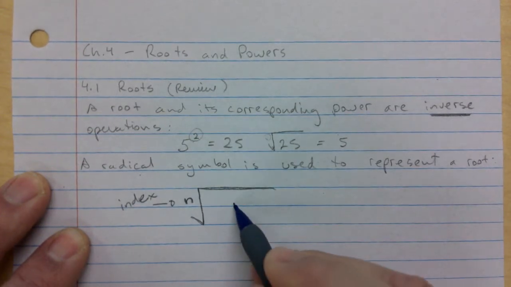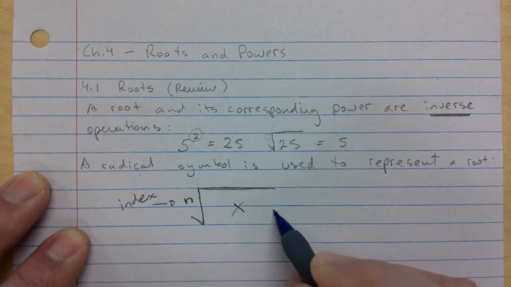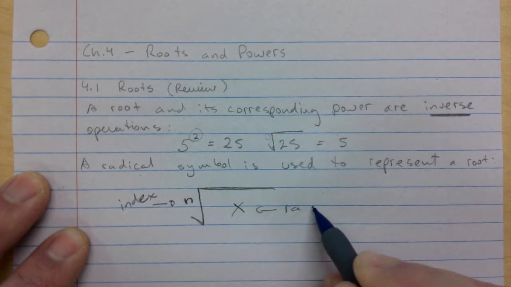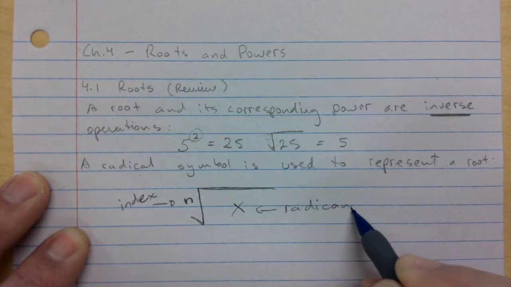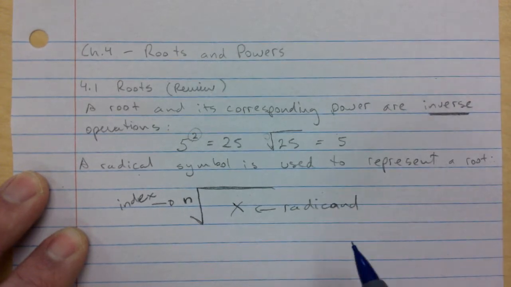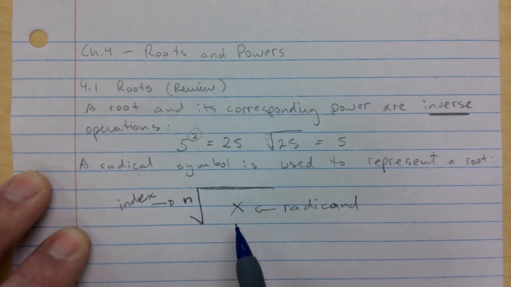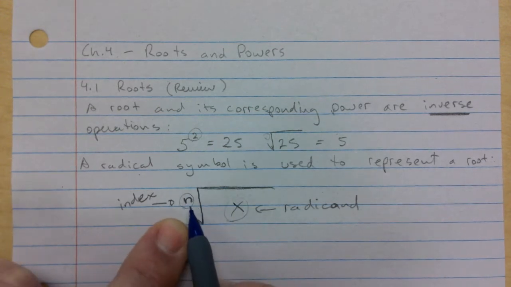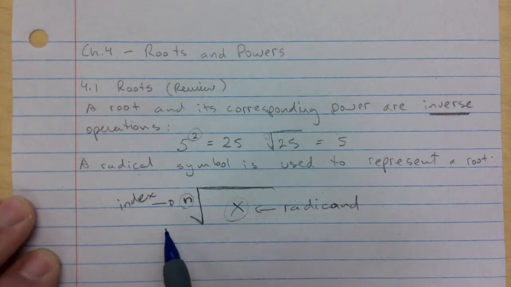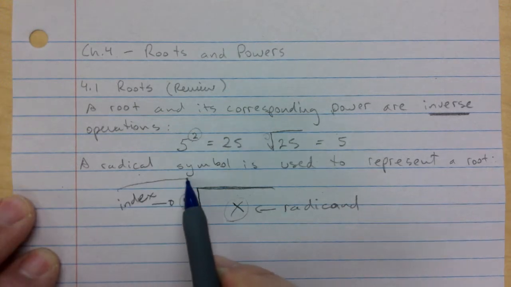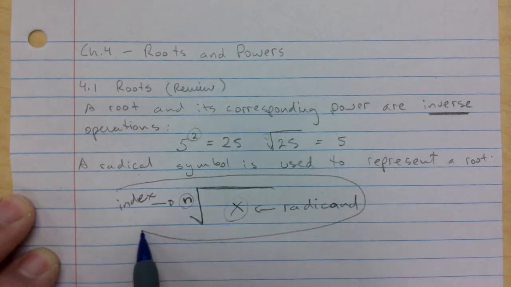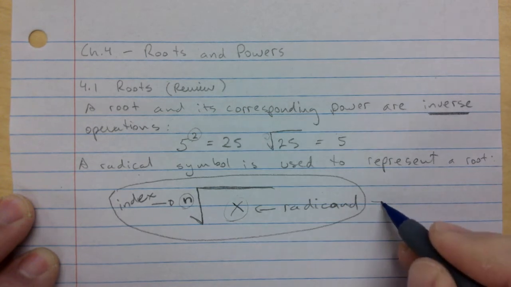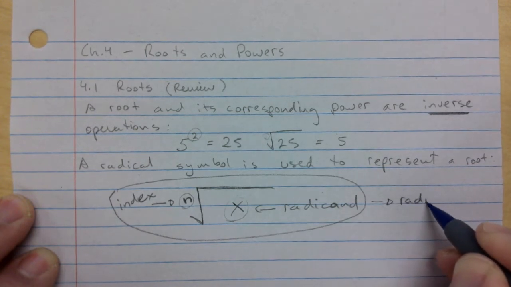And the number inside is called the radicand. This number inside is the radicand. This number that appears here is the index, and the whole thing, that whole root, we call a radical.